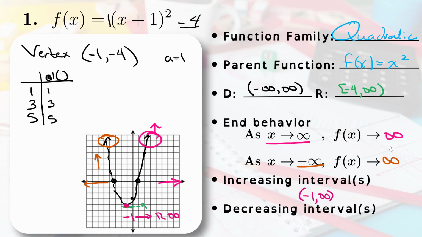My decreasing interval starts off at -infinity and goes all the way until I get to that -1. So -infinity to -1. Remember, these are always your x values, and you always read it from left to right. So now let's go on to the next one.